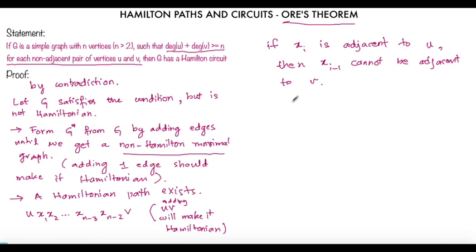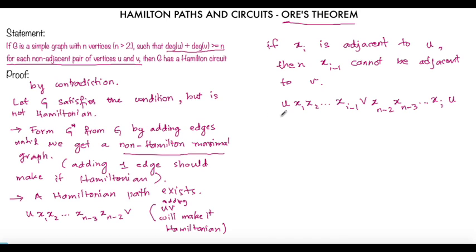Then what happens is that we can start with u, go x1, x2 up to xi minus 1, and then v, and then follow the path backwards, x n minus 2, x n minus 3 up to xi, and xi is adjacent to u.